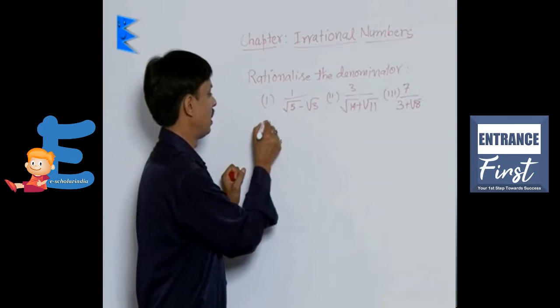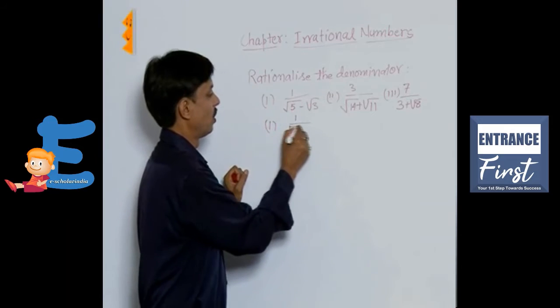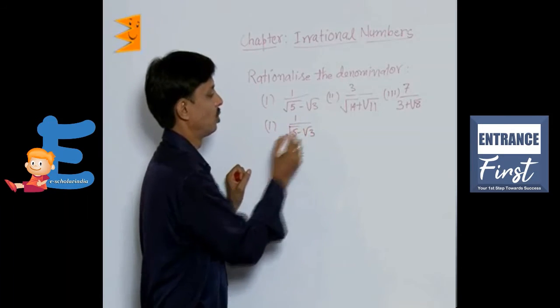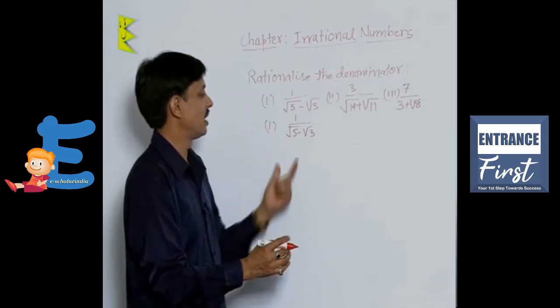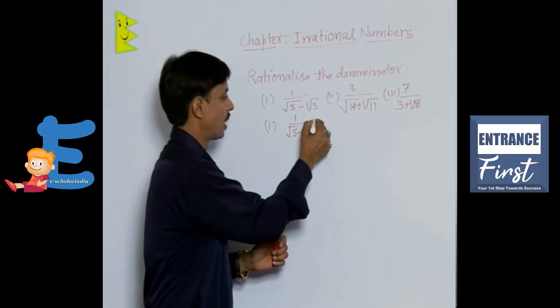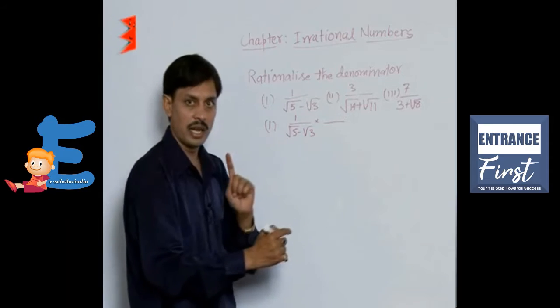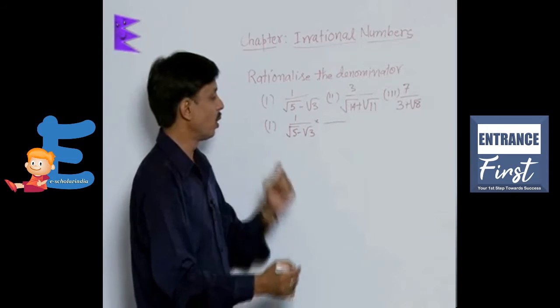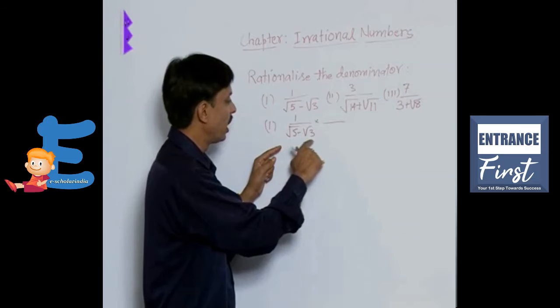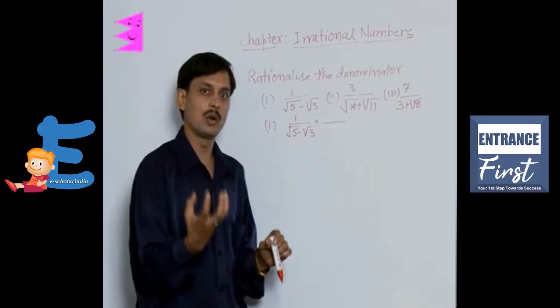First part I am taking here 1 upon root 5 minus root 3. If I want to rationalize its denominator, what I need to do is multiply numerator and denominator both by the conjugate of the denominator. What is the conjugate?